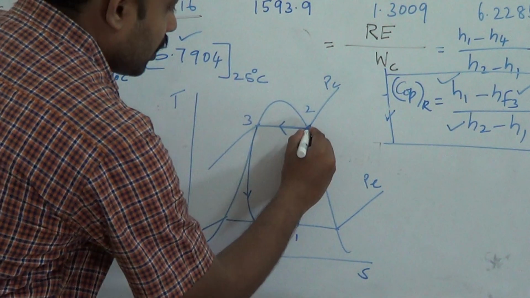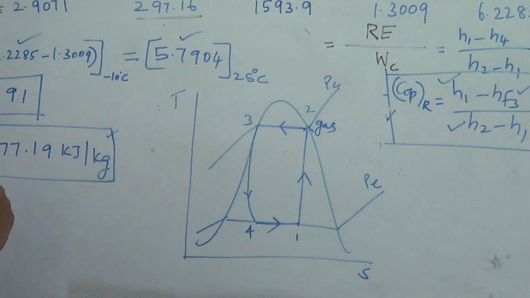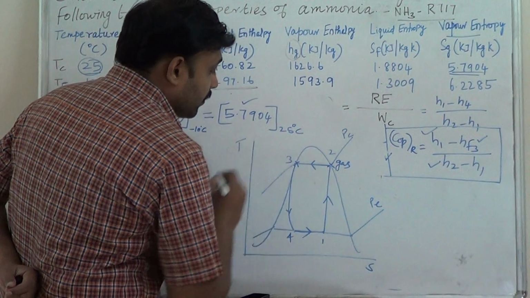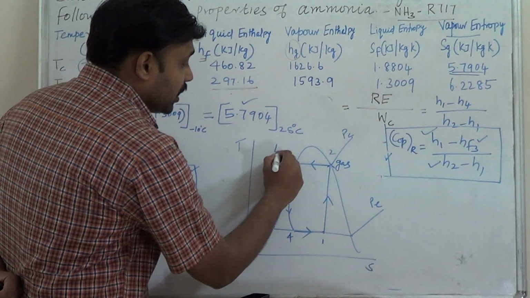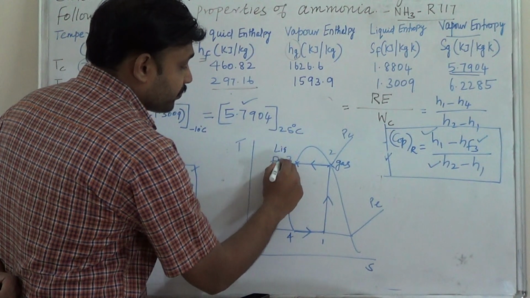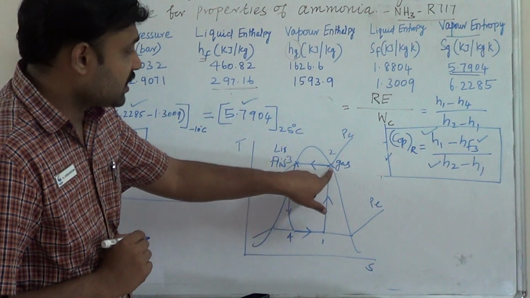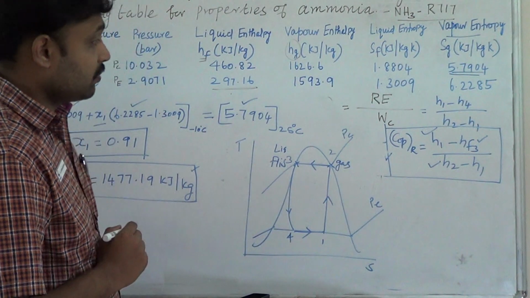Now any property we read along point 2 is going to be a vapor or gaseous property, and any property that we read along the saturation liquid line is going to be a liquid or fluid property. Now point 2 is exactly lying on the saturation curve.